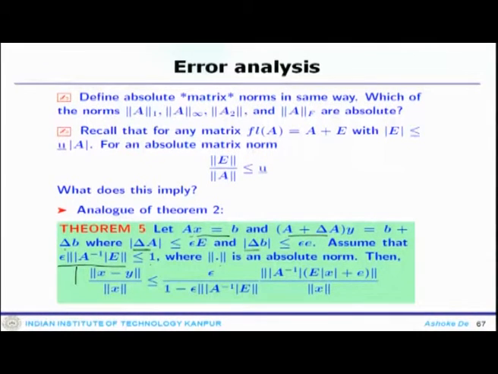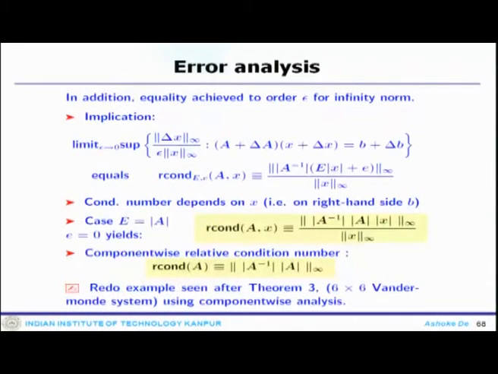Then the linearized bound would be the norm of x minus y divided by the norm of x is less than or equal to this expression. One can also prove this.